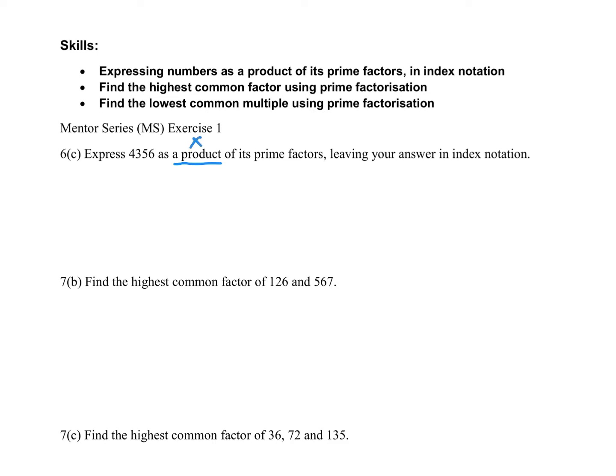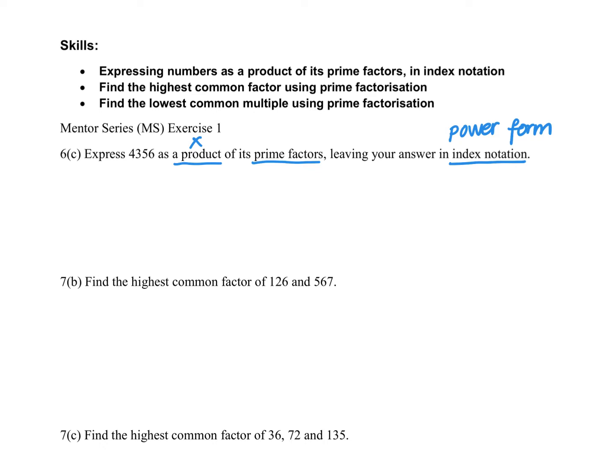And in terms of its prime factors, we need to do prime factorization by dividing the number using the prime factors. We should do in sequence the smallest prime factor first, and after which we need to leave our answer in index notation. Index actually means the power, so index notation means the power form.